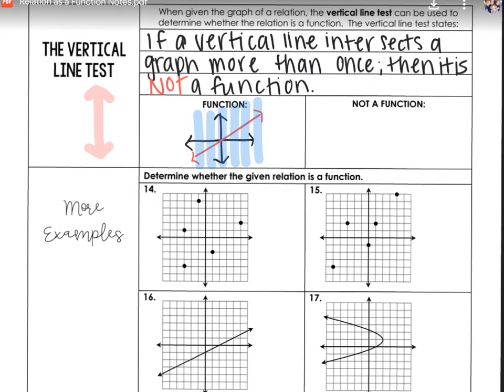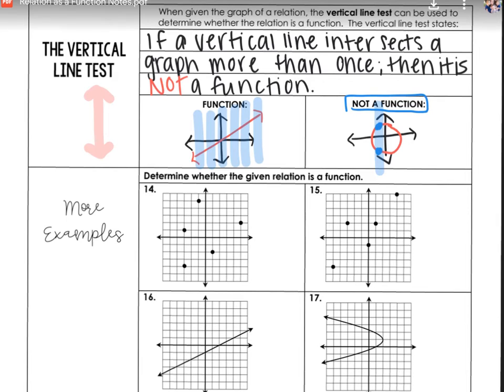Now, if I have a graph that looks like this, if I draw my vertical line here, this vertical line will touch here and here at the same time. Thus, this is not a function.